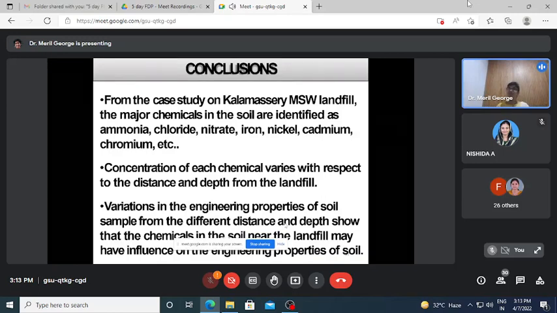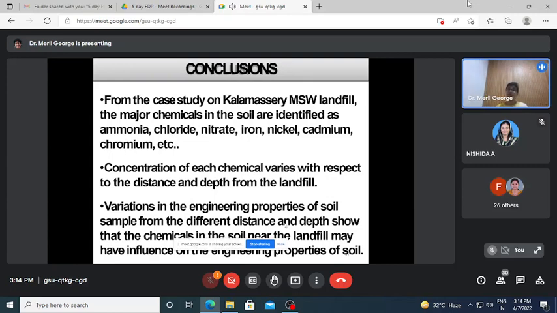This case study was conducted in a single municipal solid waste landfill area, which was not a treated landfill, not an engineered landfill. So the contaminants present in the leachate are free to flow as per the groundwater flow direction, and during the flow, this may get contacted with the soil and may affect the properties of soil. The chance for affecting the properties of soil is very high here.